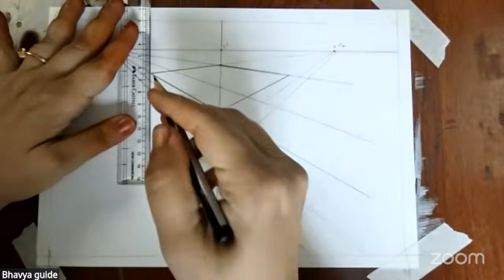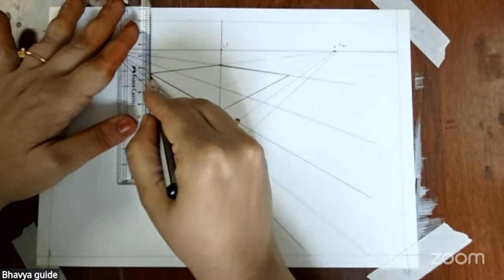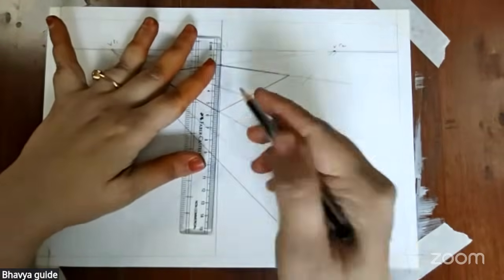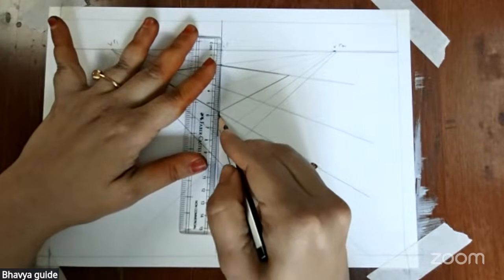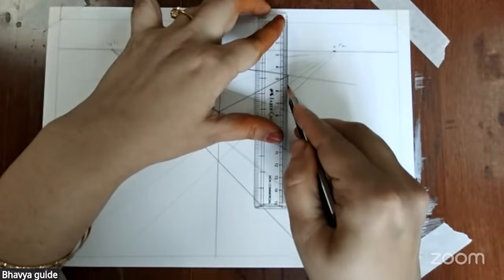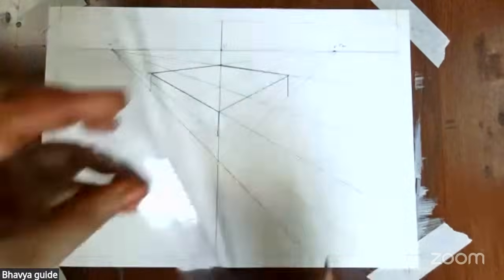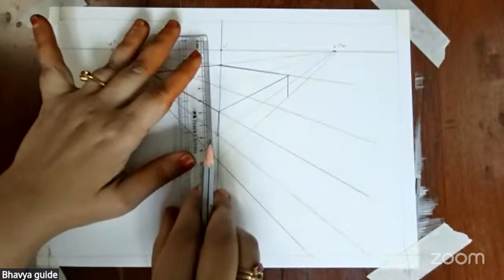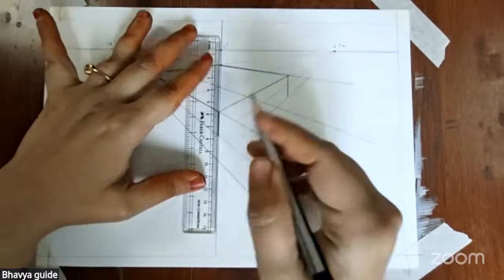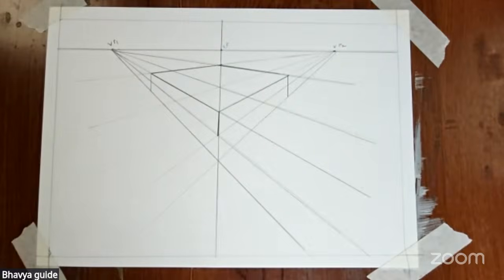And then you just draw vertical lines like this. Like this.